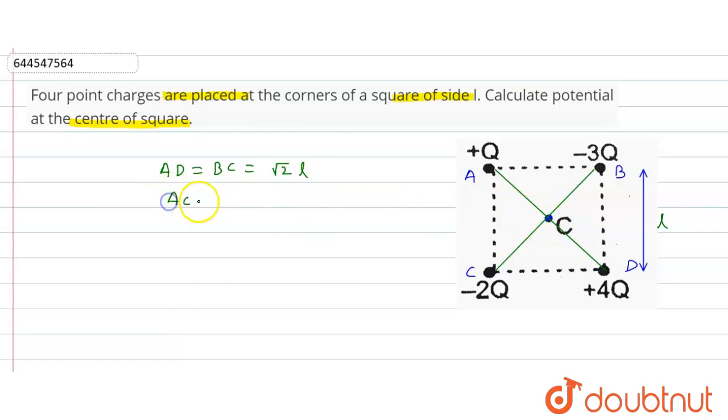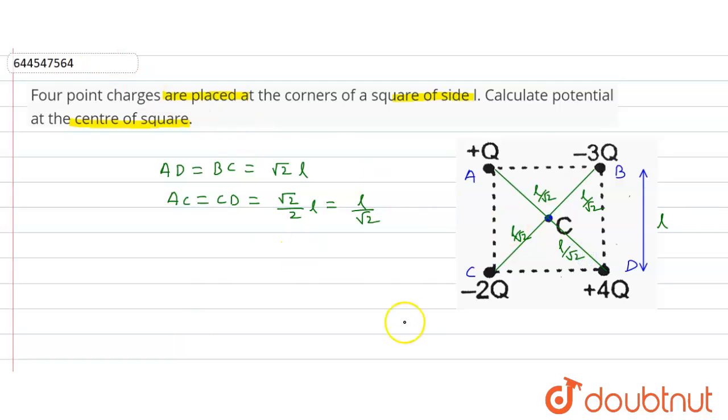This AC is equal to this CD, which is root 2 upon 2 L, that is equal to L by root 2. This length will be L upon root 2, this length L upon root 2, and this length L upon root 2.